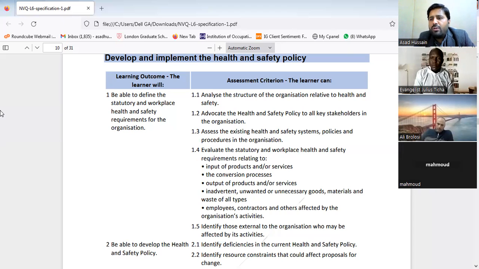Yes, you have to extract. For example, if you have a document showing the roles and responsibilities with respect to health and safety, and it covers all management levels, that will be fine. Even if it is other than the occupational health and safety policy, if it confirms the roles and responsibilities with respect to health and safety, then it will be okay.